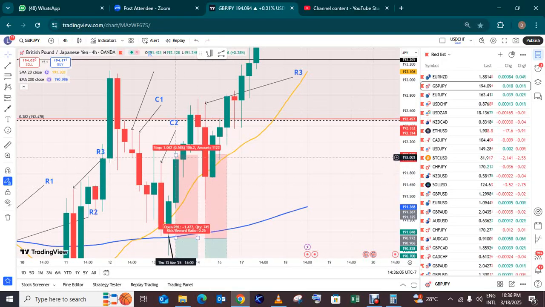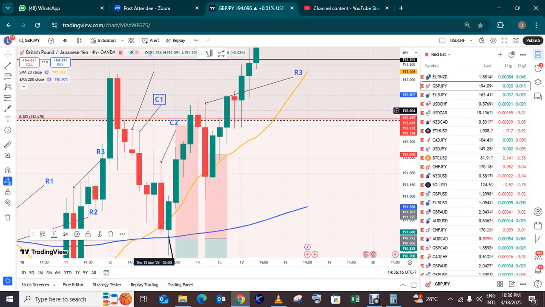Now I had to increase the stop loss towards C1, the first continuation, this particular one here. This is a valid candlestick formation, the C1.